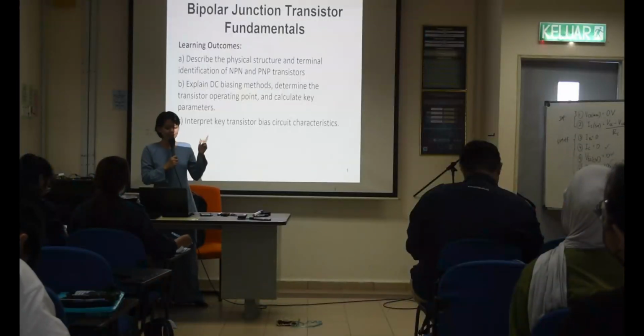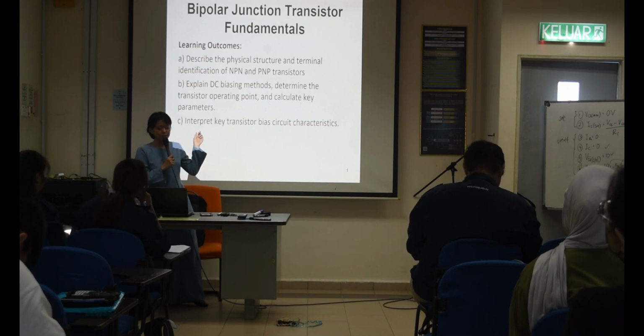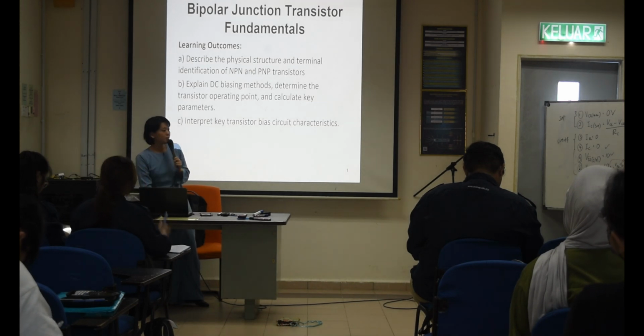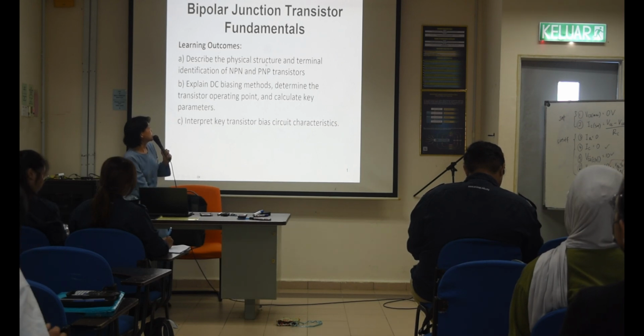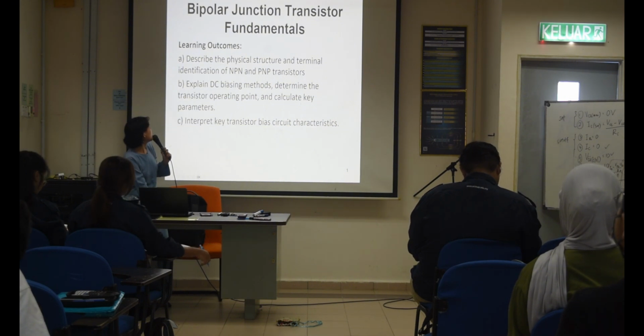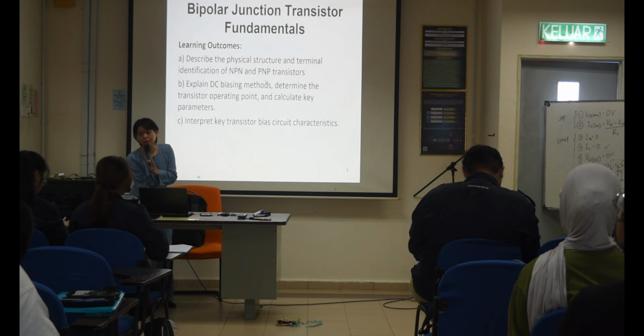Good morning, class. Today we will discuss bipolar junction transistor fundamentals. In this chapter, what is our learning outcome? First, to describe the physical structure of the transistor and the terminal identification of the PNP and NPN transistor. We have two types.